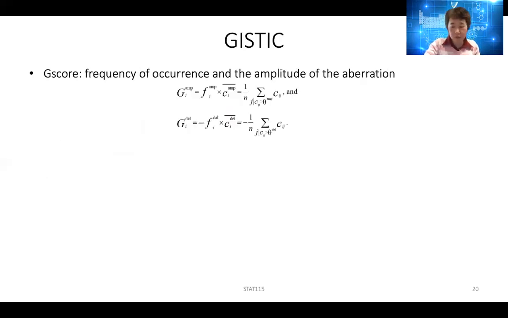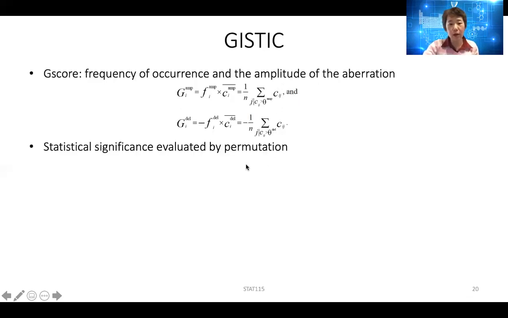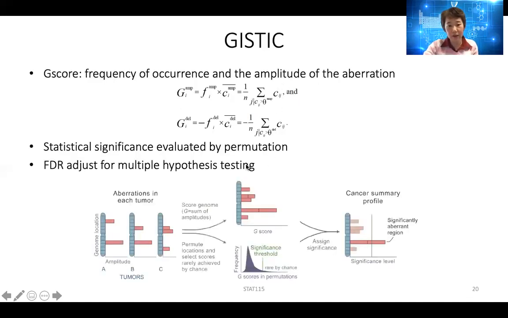And so we talked in the last lecture about this GISTIC score, which looks at copy number change: how often this type of copy number change happens, and also the amplitude. Is it 3 copies or 5 copies, or do you lose a copy? Then using this, you can look at whether this is a significant difference.